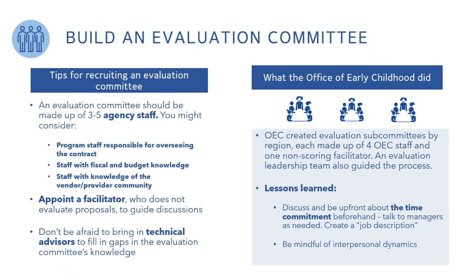And the other 25% of the scoring teams were cross-divisional staff, but folks who had been recommended by their division director or their program manager, and who might have scored an RFP before, or who might have some connection and knowledge of the communities that we were looking at, or some base knowledge of home visiting.